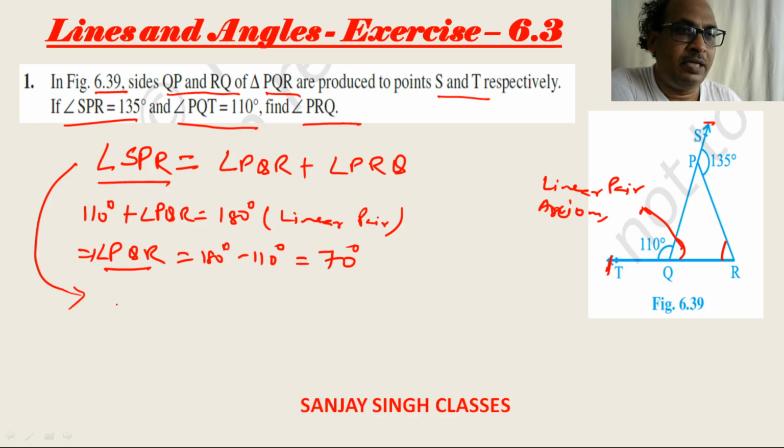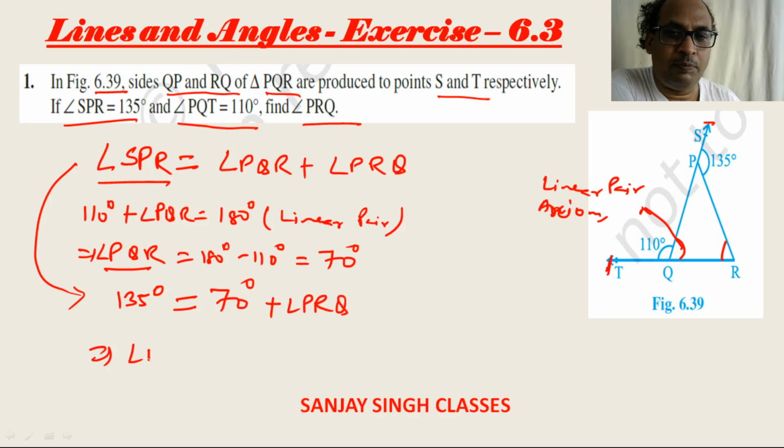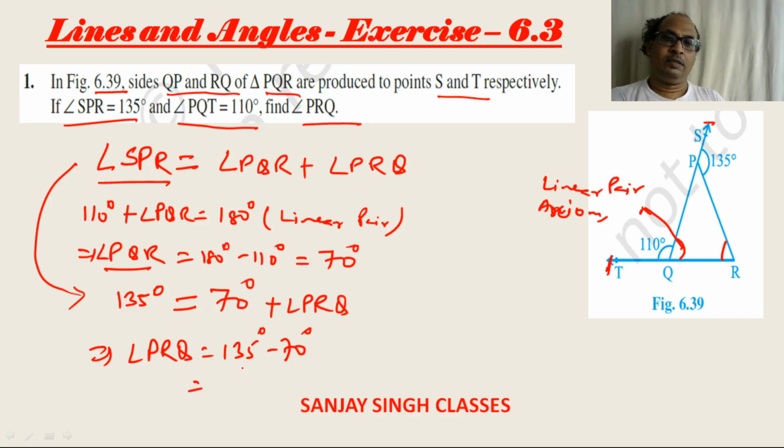Angle SPR is already given as 135 degree. 135 degree is equal to angle PQR, 70 degree, plus angle PRQ. So angle PRQ will be 135 degree minus 70 degree. Okay, so it will become 65 degree. Angle PRQ has become 65 degree.